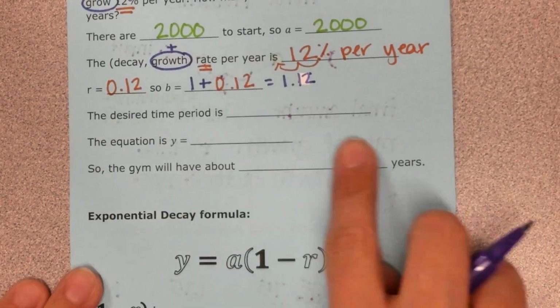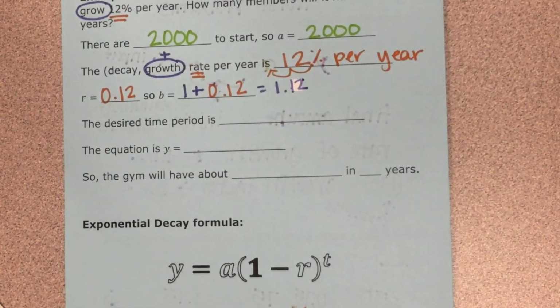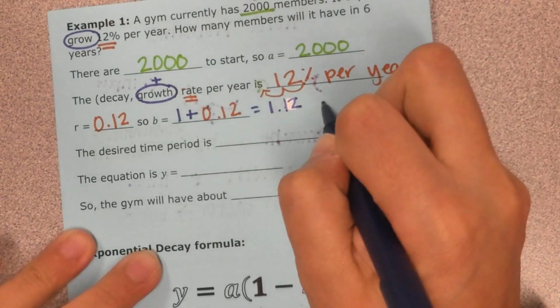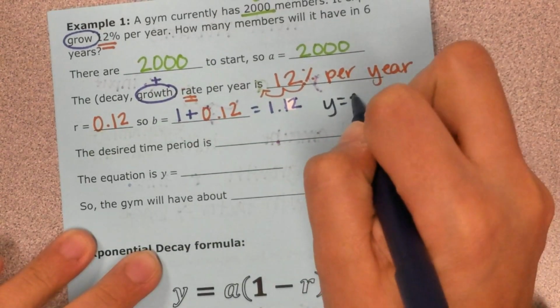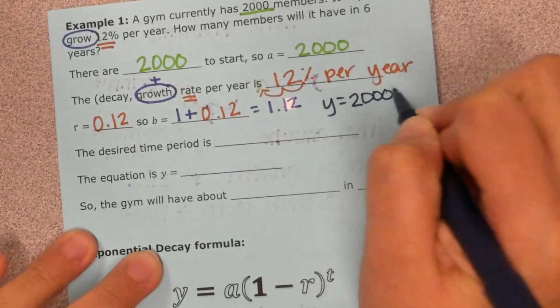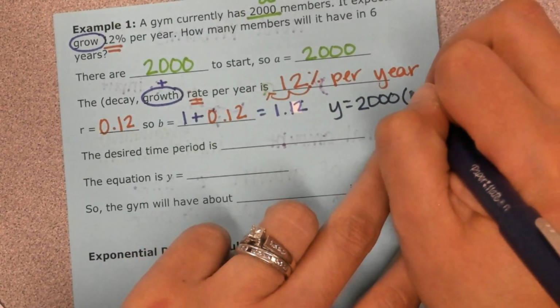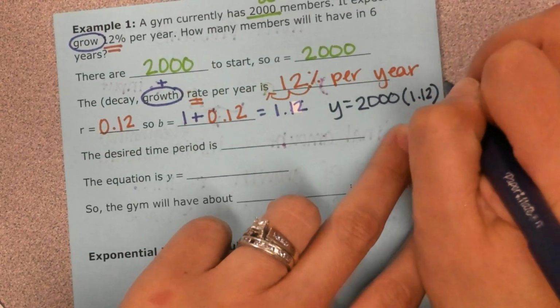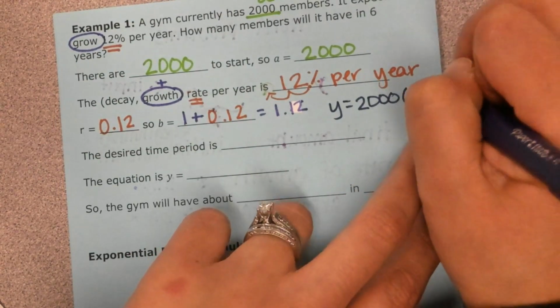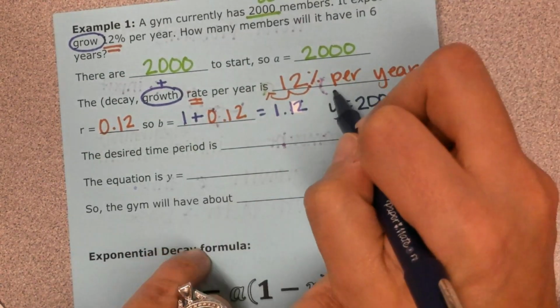All right, so if we put all those pieces together, our equation would be y equals 2,000, parentheses, 1.12 to the power of x, or in talking about years, we'll use t.